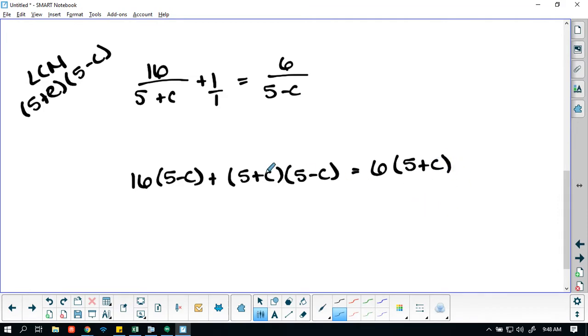Looks like we're going to have a quadratic to solve here. So 16 times 5, I'm going to use my calculator just so I know I'm accurate, is 80 minus 16c plus 25 minus c squared. This is a difference of squares, so we're just looking at 25 minus c squared equals 30 plus 6c.